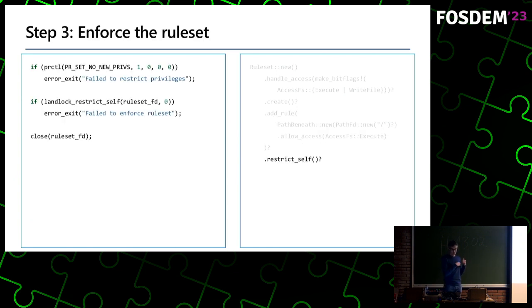And then you restrict the current process, in fact the current thread. From this point, the current thread can only execute files which are in /usr, and it cannot write anything at all.